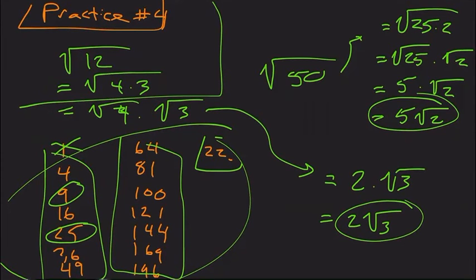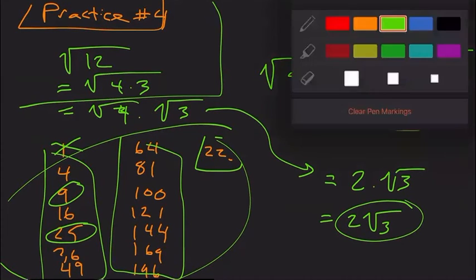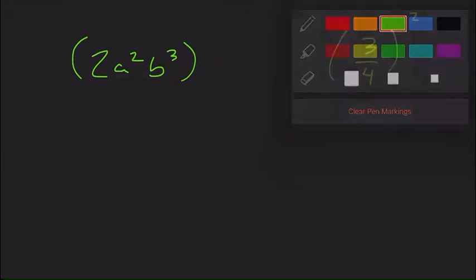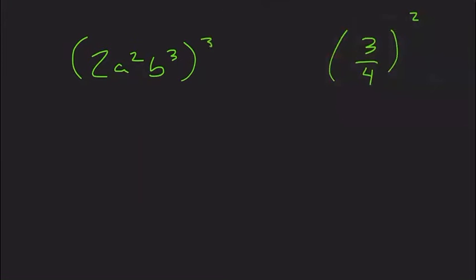Okay, just a couple more things to go. This next concept we won't do practice for. We'll just do a refresher. So this is when we have quantities raised to an exponent.